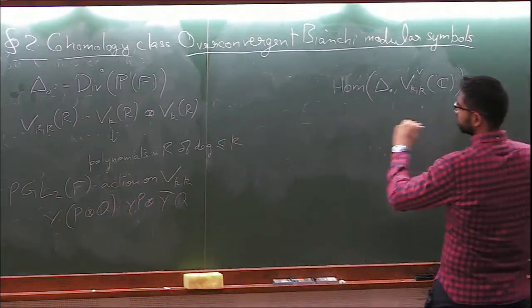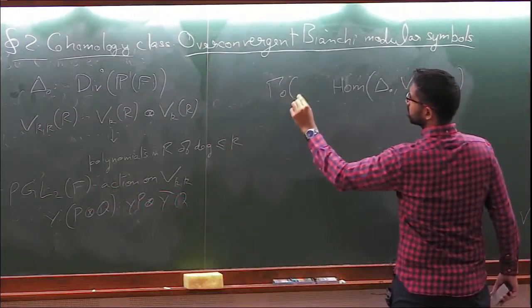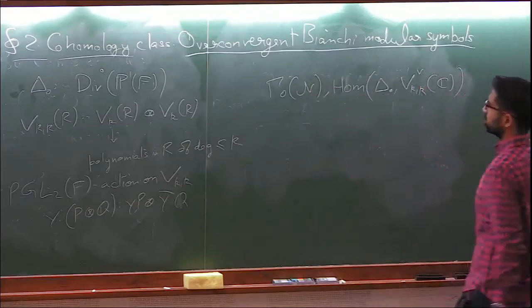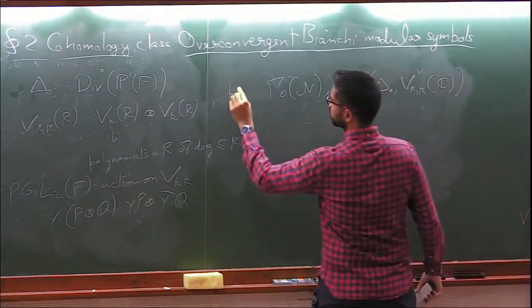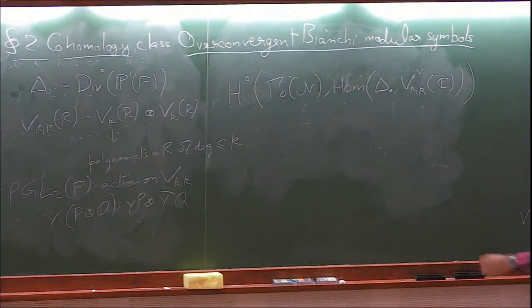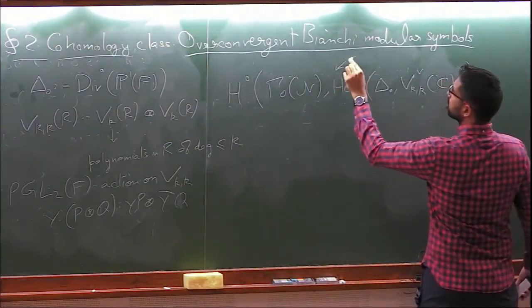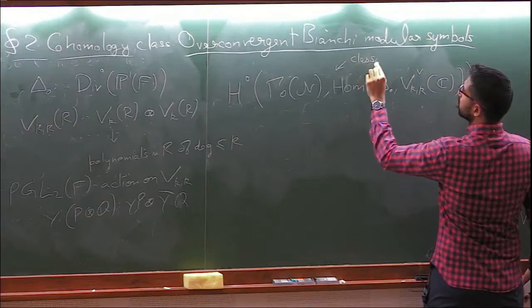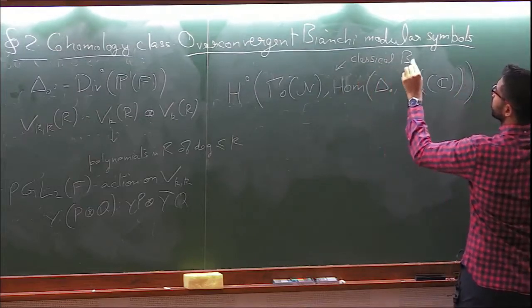This has an action of this level, this congruence group Gamma_0(n). So I can look at the fixed elements here. This will be the space of classical Bianchi modular symbols.